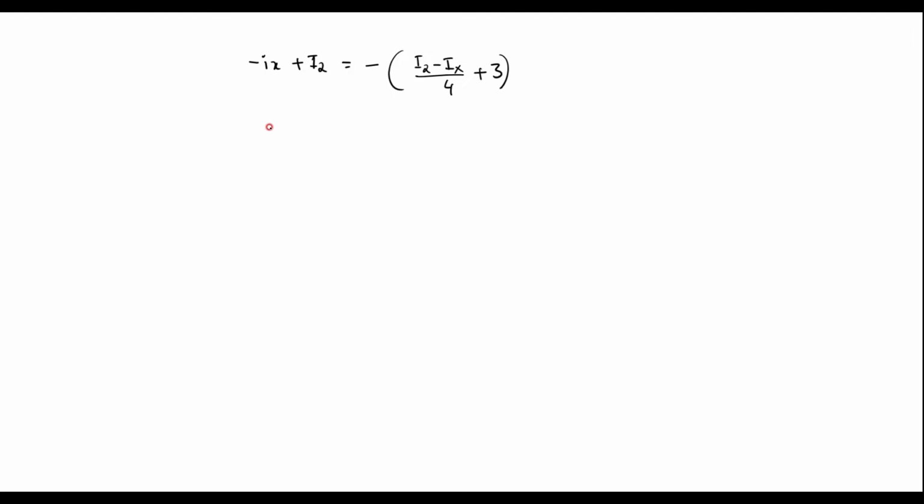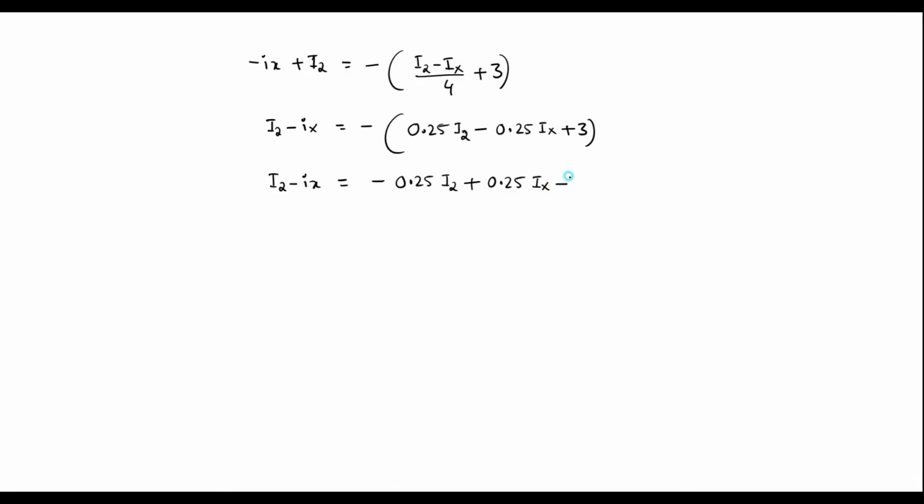Further I will simplify this. Here I can write I2 minus Ix is equal to minus 1 by 4, that is 0.25 I2, minus 1 by 4, that is 0.25 Ix, plus 3. Further I can simplify this as I2 minus Ix is equal to minus 0.5 I2 plus 0.25 Ix minus 3.